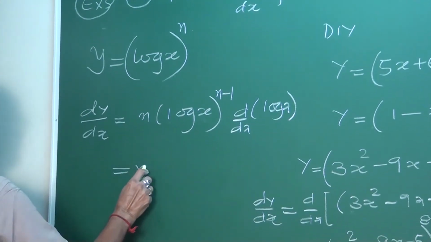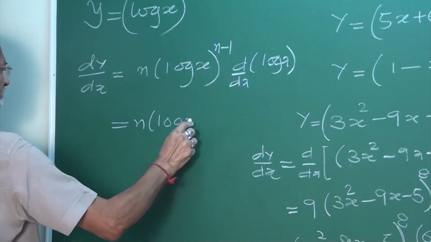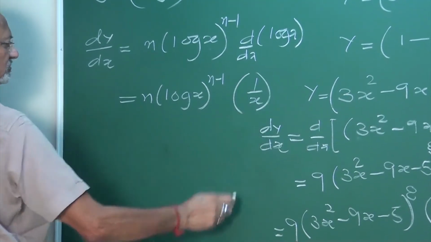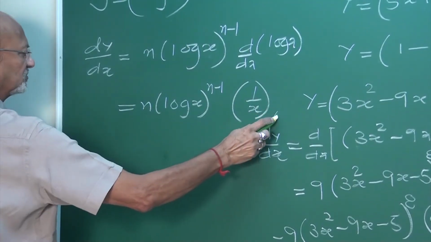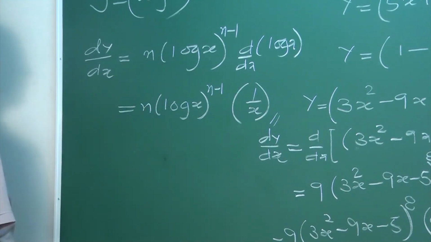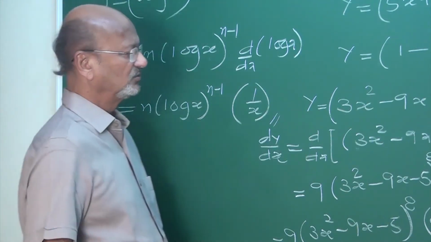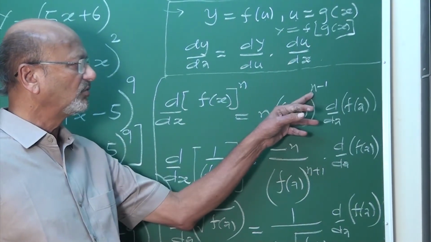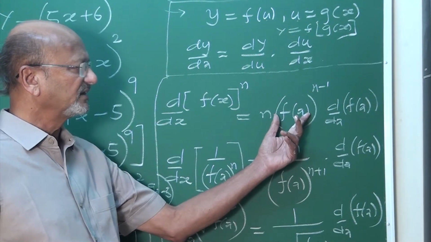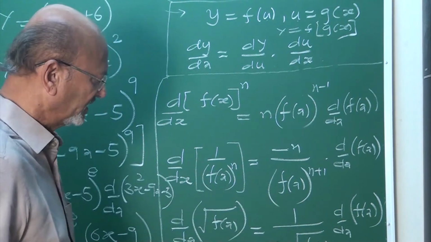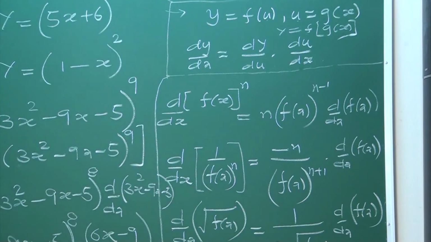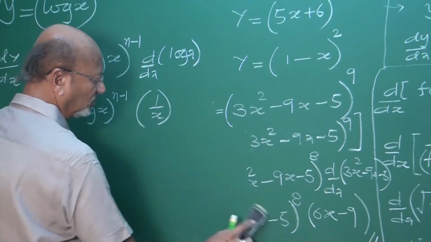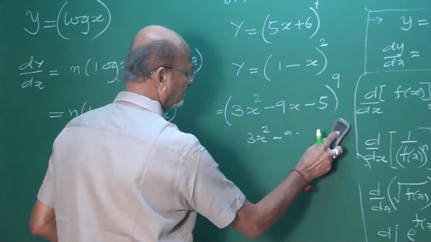Which is n into (log x) to the power n minus 1 into 1 by x. These are based on the formula: derivative of f(x) to the power n is n into f(x) to the power n minus 1, and as it is other than x, write its derivative. Next, second formula. I do another one or two examples based on that.